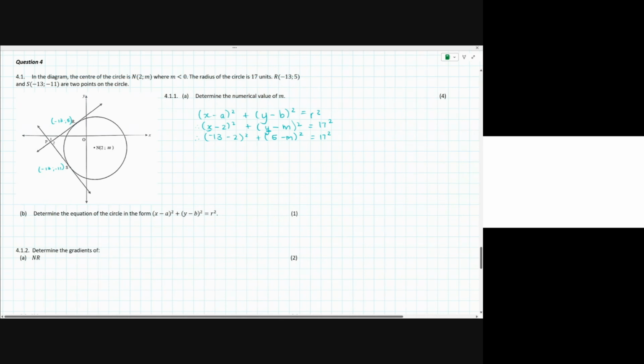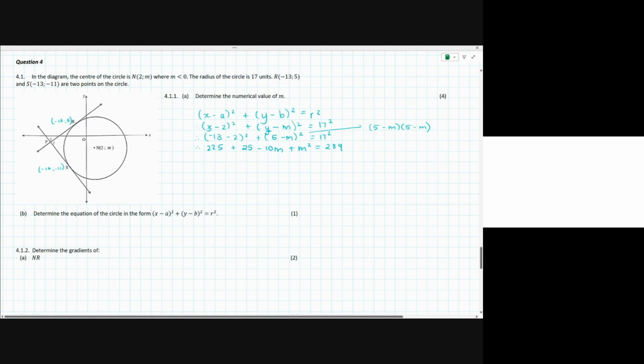And now you have an equation in terms of m. All right, (-15)² is 225. We would have to distribute out this bracket, so 25 - 10m + m². Just remember, this bracket squared would be (5 - m) times (5 - m), so you need to FOIL, or you need to distribute, is equal to 17², which is 289.